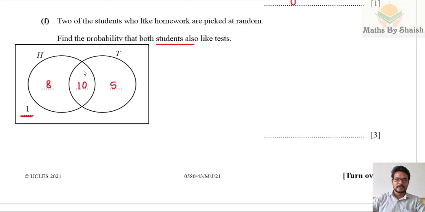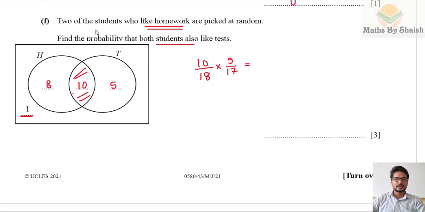So the probability that the first student will like test as well is going to be 10 over 18, because we are choosing the students from the restricted region, that is who likes homework. So 10 upon 18, and the second student also likes test, so once one student has already been chosen, it is going to be 9 upon 18 minus 1, that is 17. So that is the answer.